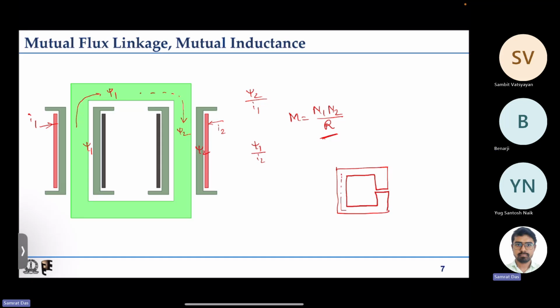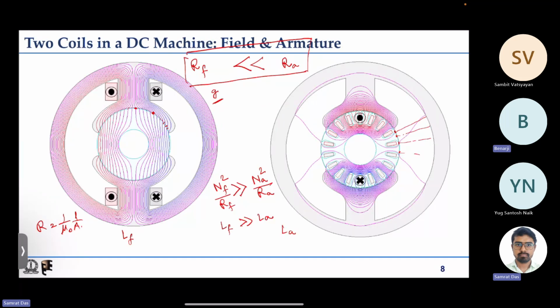You have some length, and a small portion of that length is through the air gap. If you actually calculate the reluctance due to iron and the reluctance due to the air gap, you can simply compare their relative values. While discussing the inductance, the reluctance due to the air gap will dominate.